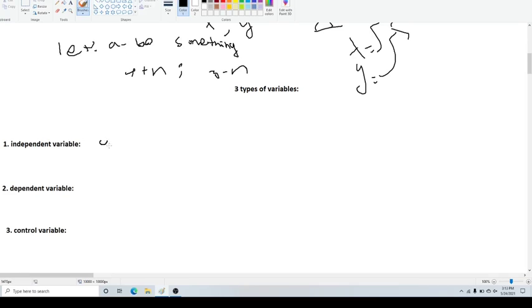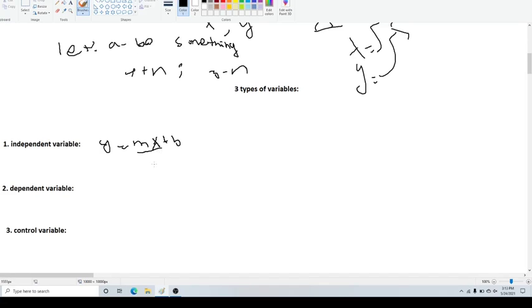If we have y is equal to mx plus b, this is the equation of a line, which you actually study later in Algebra 1. This is the slope-intercept form. Our independent variable would be x, in this case. So the independent variable relies on just a number being plugged in.